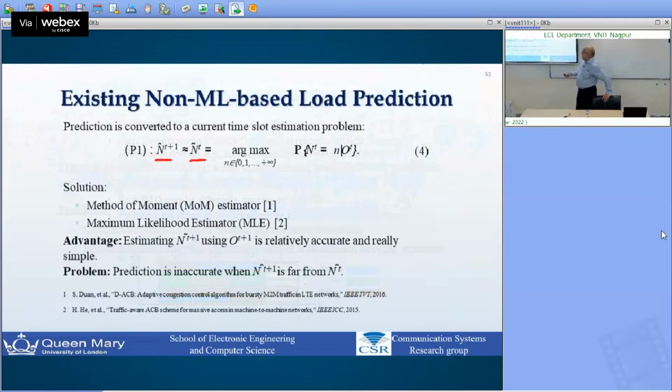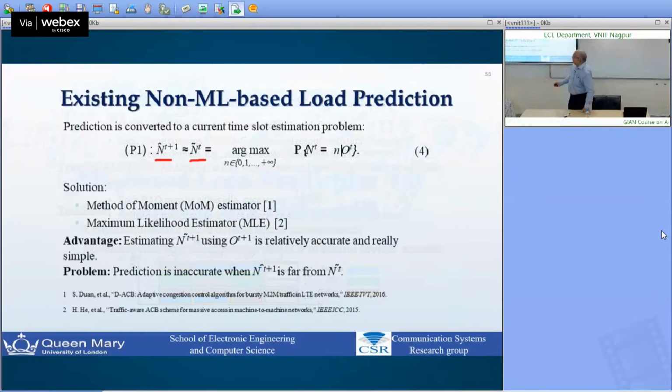During time slot t, they estimate the load, and based on that they say the next time slot is also the same, but that is not correct. If you estimate during this time slot that the load is 50, you can't say the next time slot is also 50, but the existing literature says the next time slot is also the same. But in the next time slot it may be 70, it may be 80, so it is different.